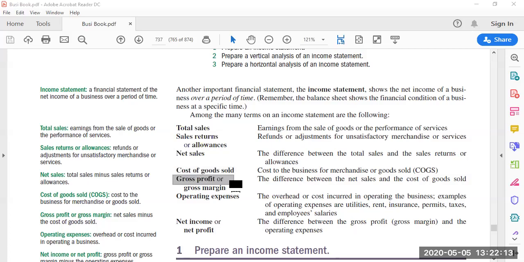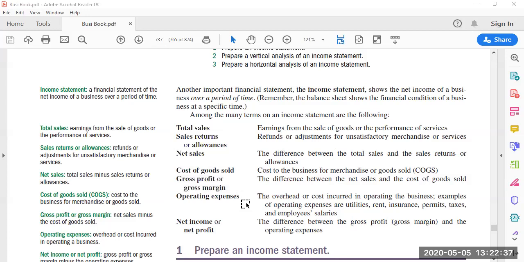We will move on to then determine the gross profit or the gross margin. The gross profit or the gross margin would be the cost of goods sold subtracted from your net sales. So it is the difference between net sales and the cost of goods sold.